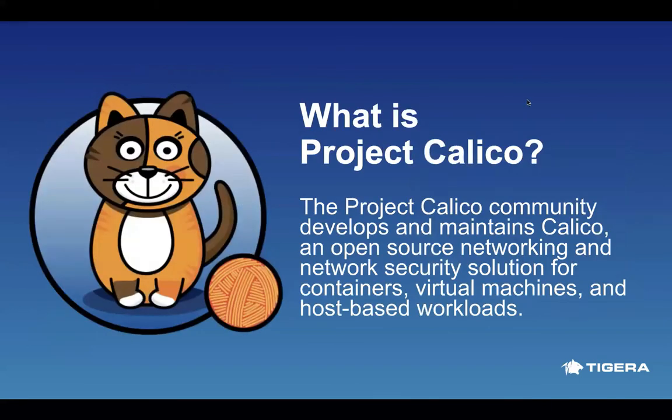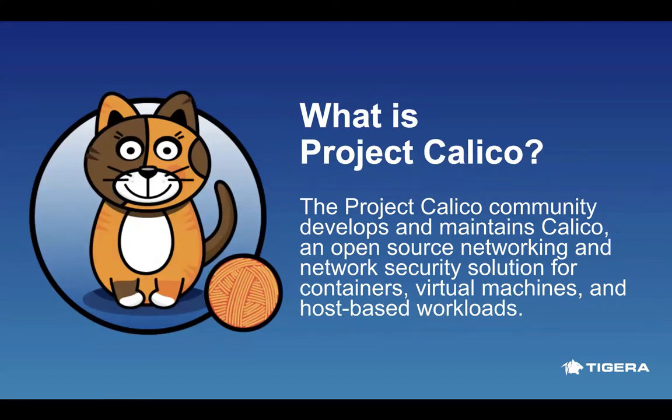So let's first start by walking you through a quick introduction of Project Calico for those who have not learned a lot about it or don't know much about it. Project Calico is a community-driven open source project that was initially started around the same time as Kubernetes, and helped define the spec for the CNI, as well as the network policies spec.